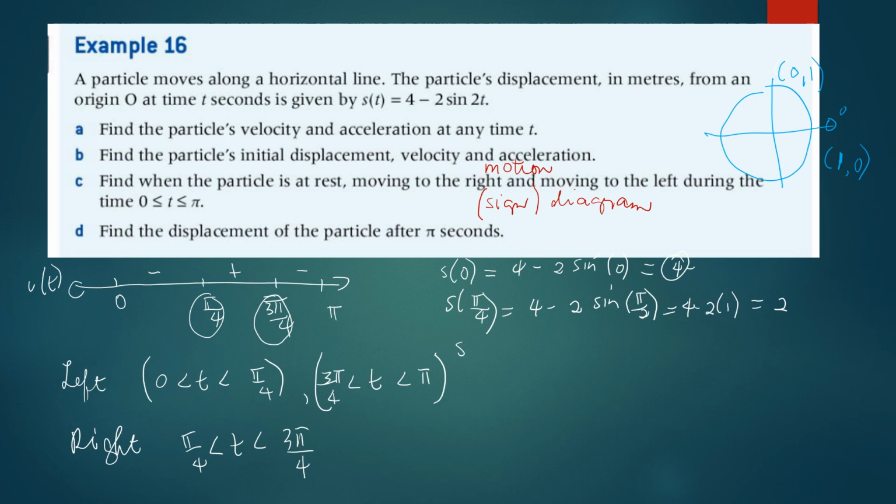And then we go to S of 3 pi over 4. These are our time range addresses. So 4 minus 2 sine 2t. So 2 times 3 is 6 fourths, and 6 fourths is 3 pi over 2.